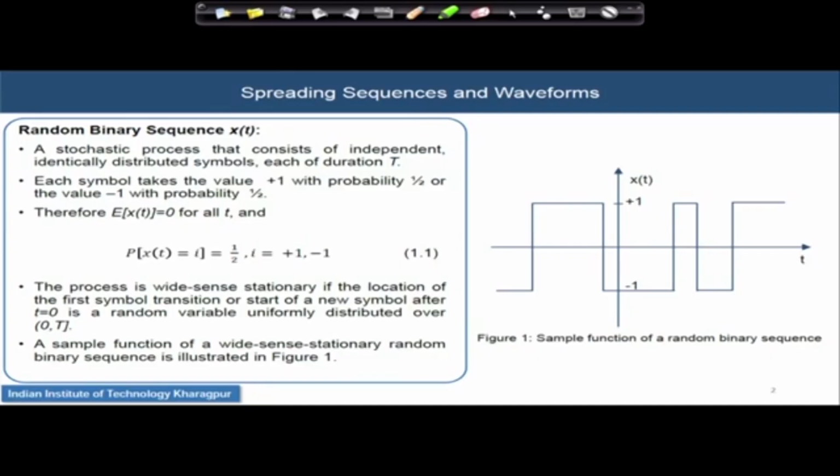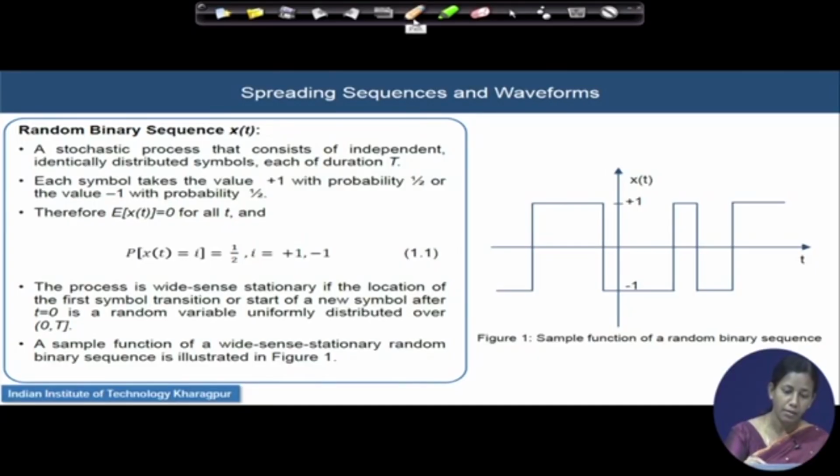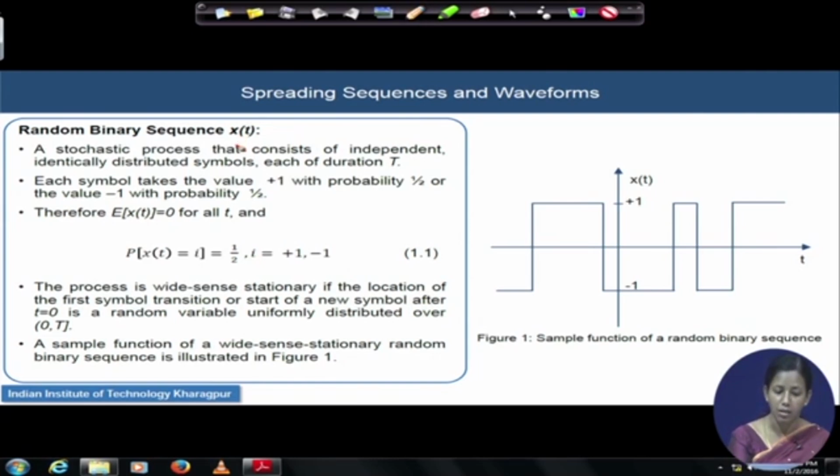The sequence here, let it be x(t). The random binary sequence x(t) is basically a stochastic process consisting of several independent and identically distributed symbols.